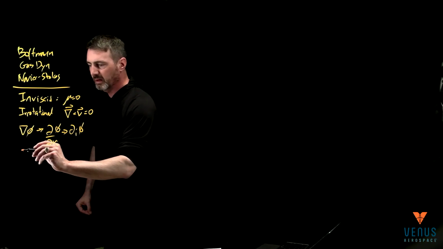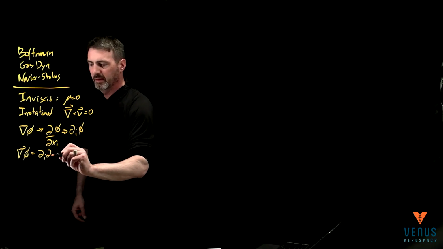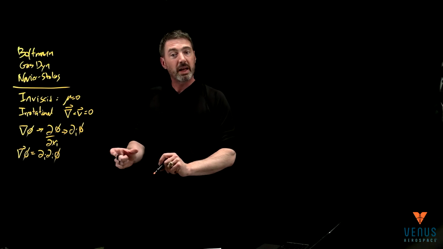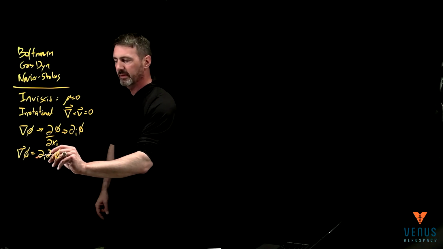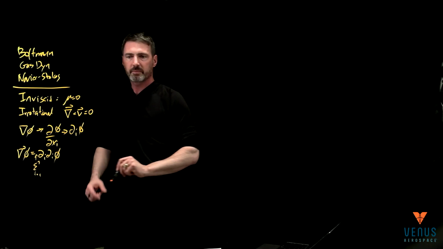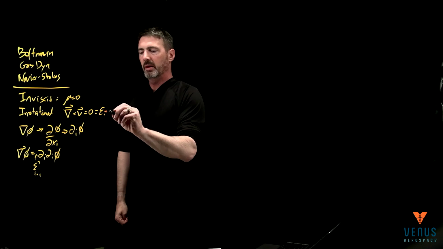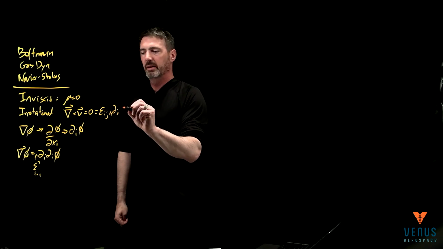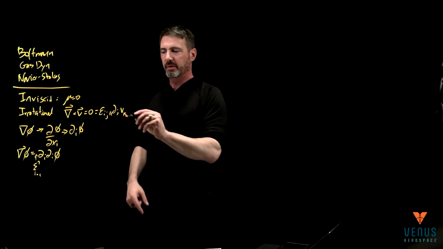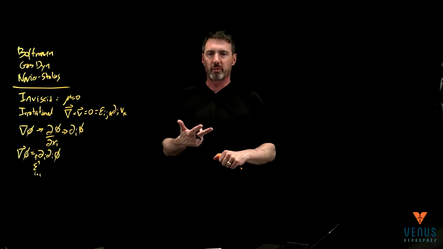For the Laplacian, if you had a sum, this is just del_i del_i phi. Every time you see the two i's or two j's or whatever it has to be, it's an implied sum. So here there's a sum over i from 1 to 3. Okay, and then a curl is epsilon_ijk del_j v_k. And epsilon_ijk, if you haven't seen that notation before, for 1, 2, 3, it's defined as 1.